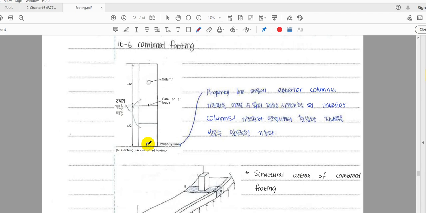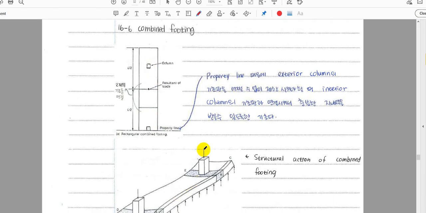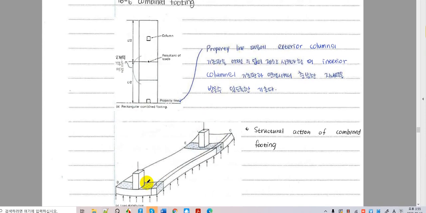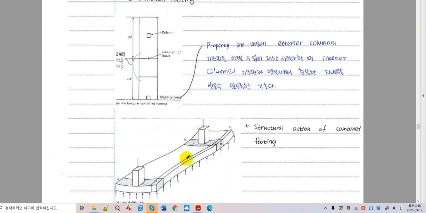So what we have to do is extend the foundation to the other side, and we put another column over there so that we can balance all the load on the foundation properly. All right, so this is one column that we have to extend the other way to take care of the column near the property lines.